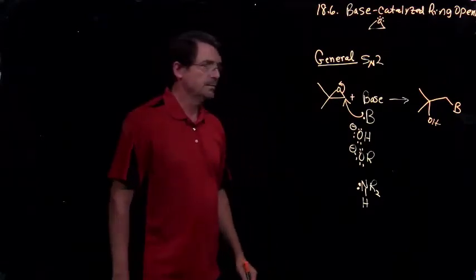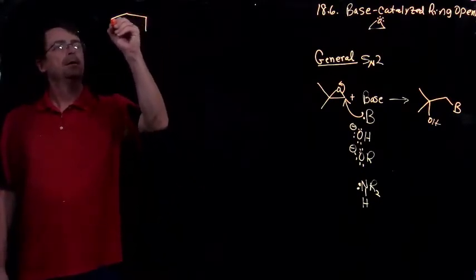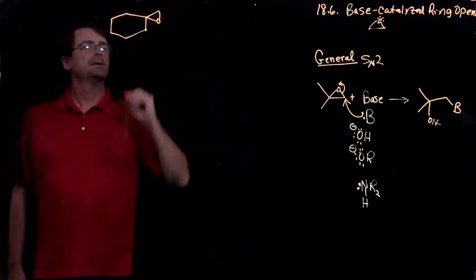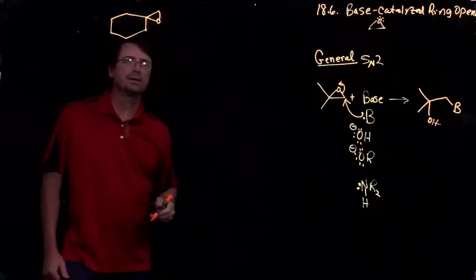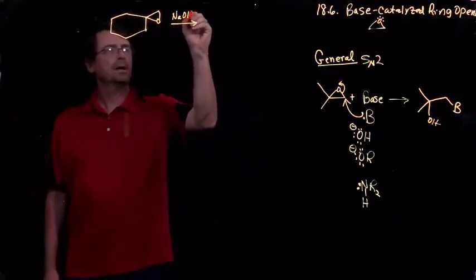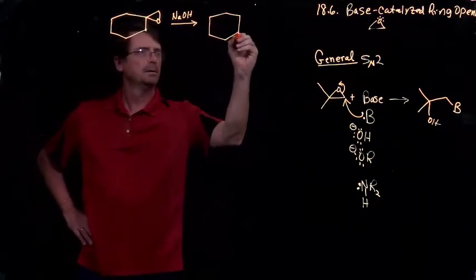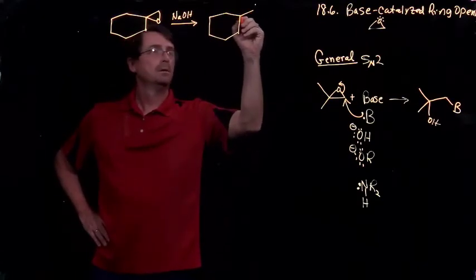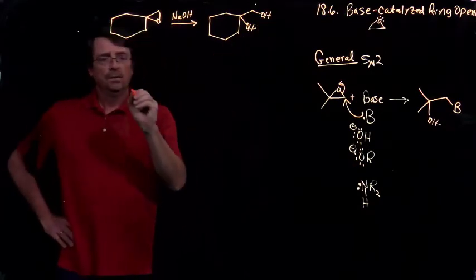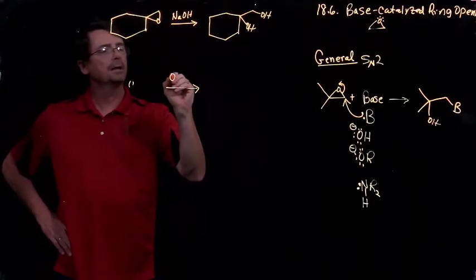Let's look at a few examples. We can make a number of different kinds of products this way. I'm going to use this epoxide generically here. If we react this with sodium hydroxide, we make a diol. With the same substrate, we can react an alkoxide.